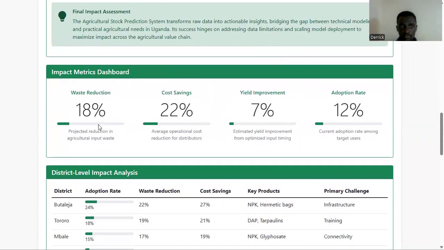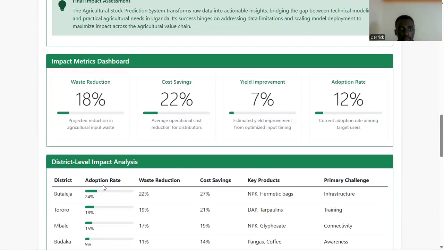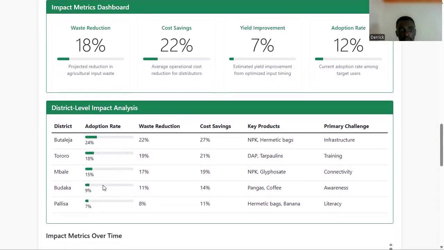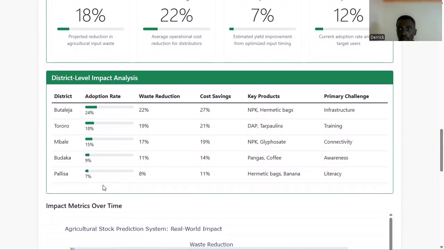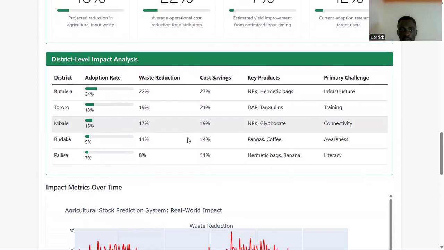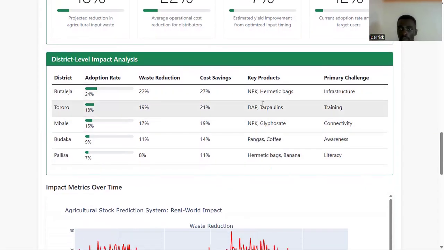As you can see, the waste reduction is up to 18% with cost saving of 22% and 7% yield improvement. And then the current adoption rate, which is still very, very low. Then the district level analysis, as we saw from our data exploration, adoption rate and waste reduction, all that if our system is considered.